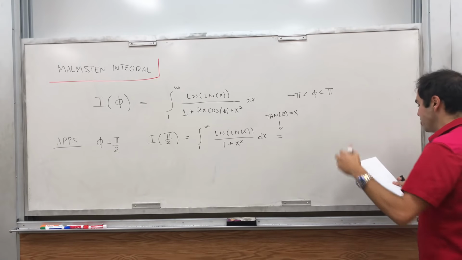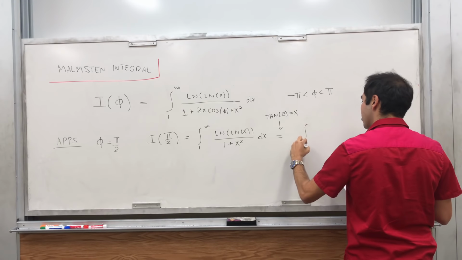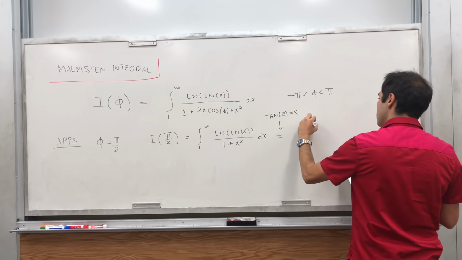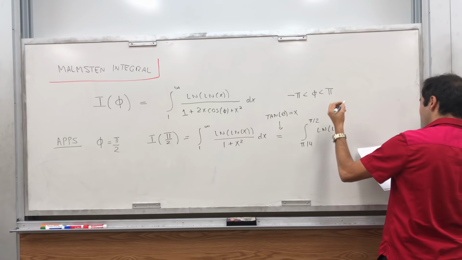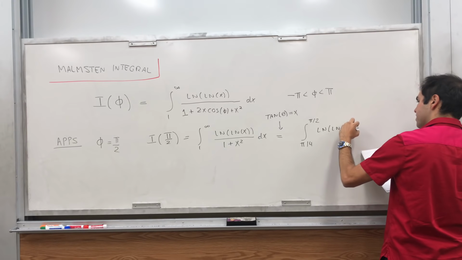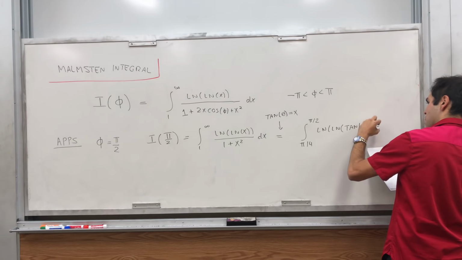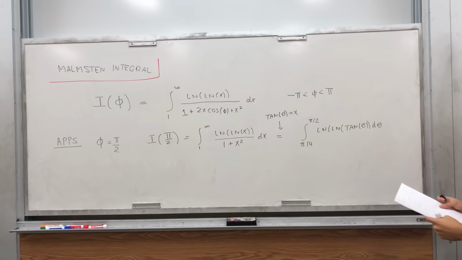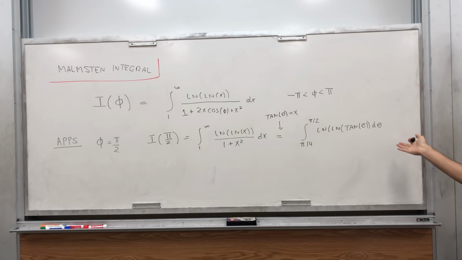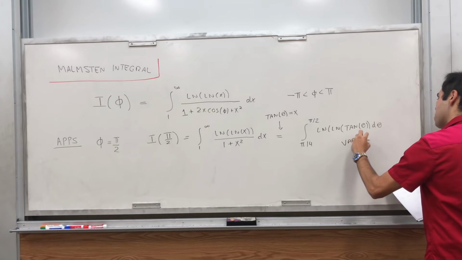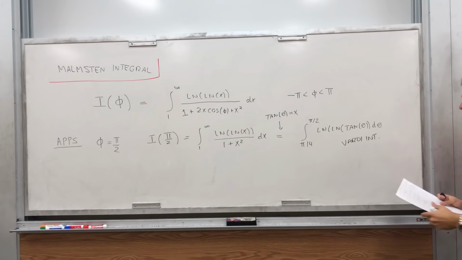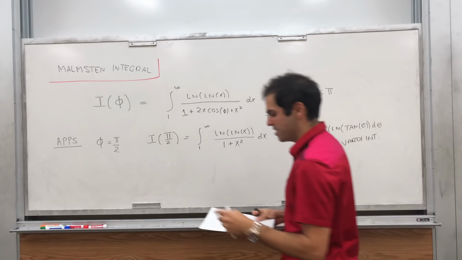So if you actually do that, then you get the integral from pi over 4 to pi over 2 of ln of tangent theta d theta, which is actually something that was called the Vardi Integral, which I've done in another video. So this is the Vardi Integral, which is also another cool integral if you want to explore.